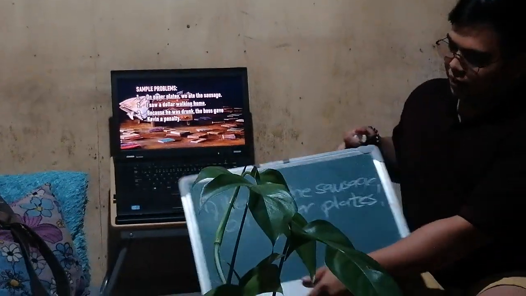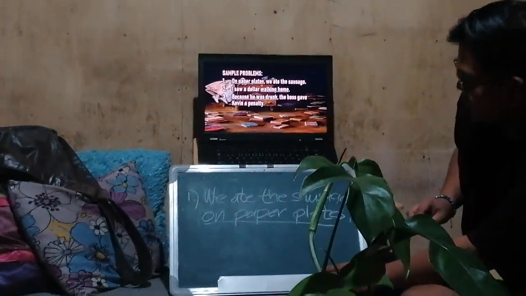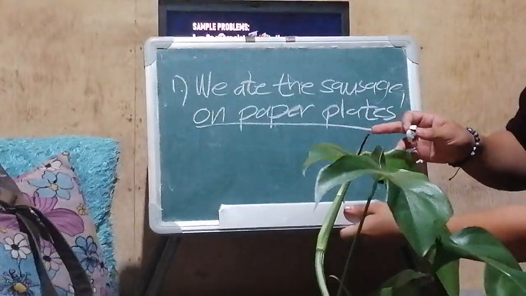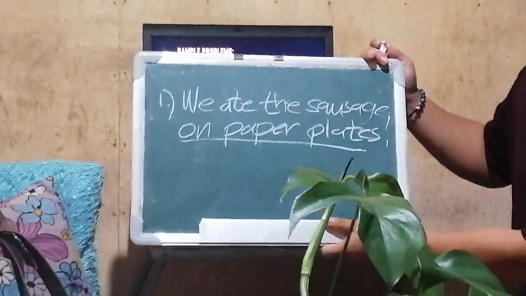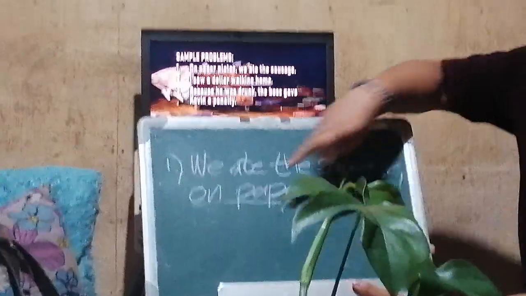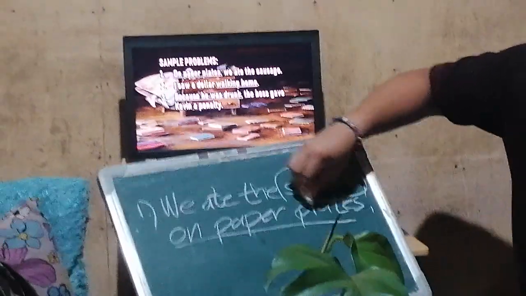So here, we ate the sausage on paper plates. So what is being placed? We ate the sausage on paper plates. Which word is next to the modifier "on paper plates"? The word next to it is sausage.